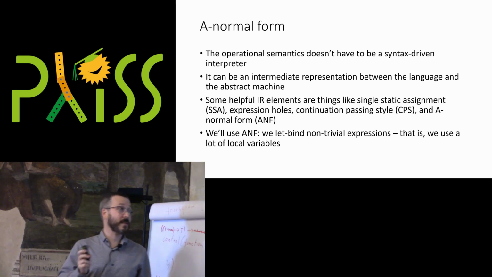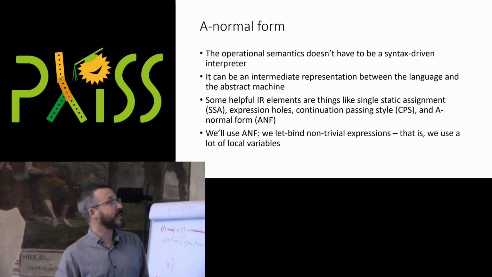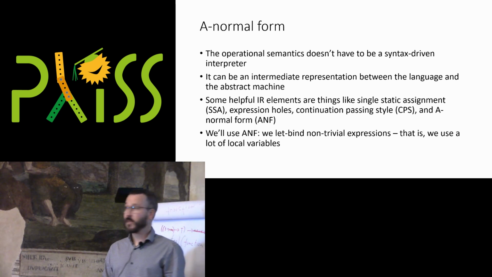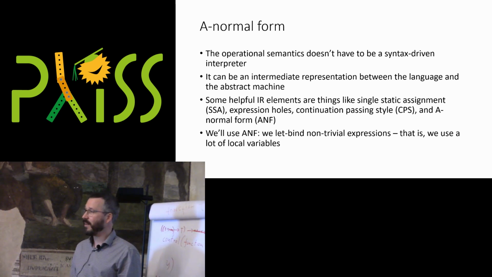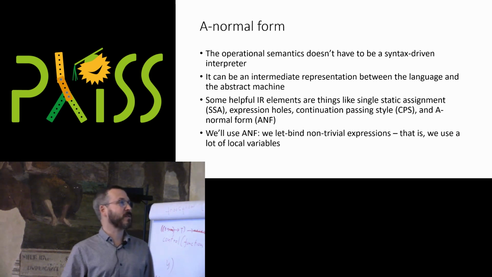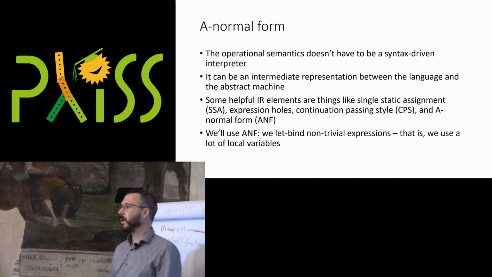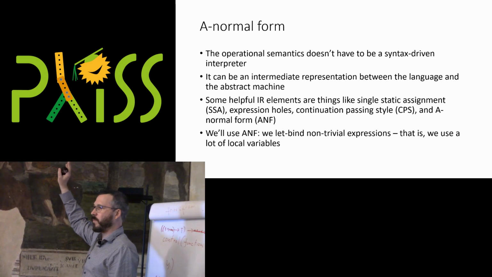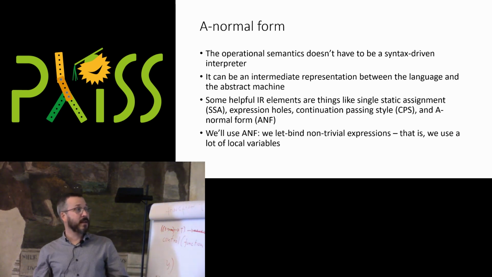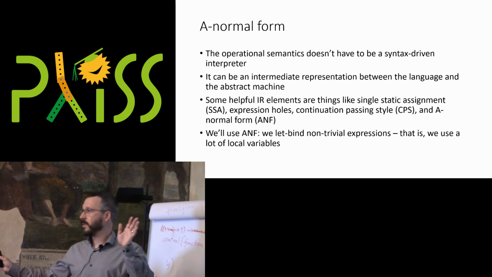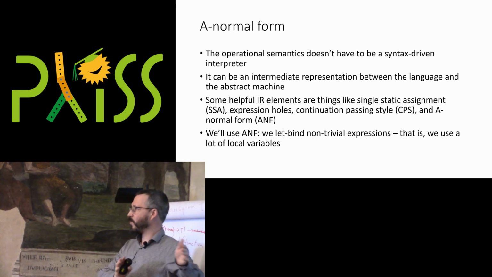There are lots of things like that. Single static assignment, expression holes, which funnily enough Arjun covered earlier, continuation passing style, kind of close to what Arjun was talking about, and A-normal form. Is anyone familiar with A-normal form? Oh, quite a few. Excellent. Roughly speaking, we're going to let-bind non-trivial expressions. That's for the people on the functional side of the programming language community.